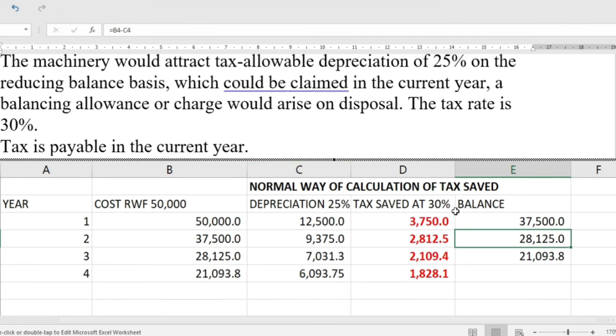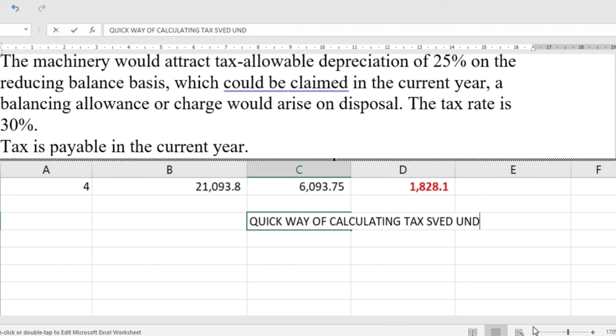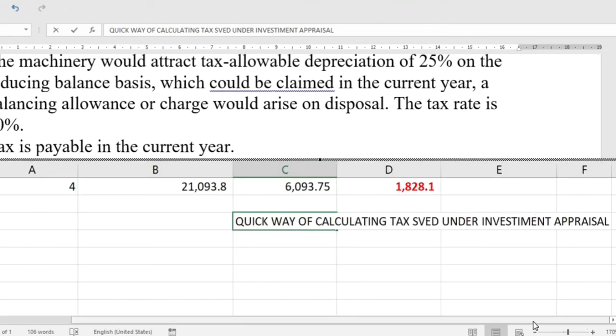Let me call it the quick way of calculating tax saved under investment appraisal.